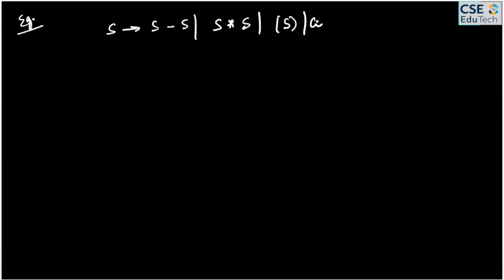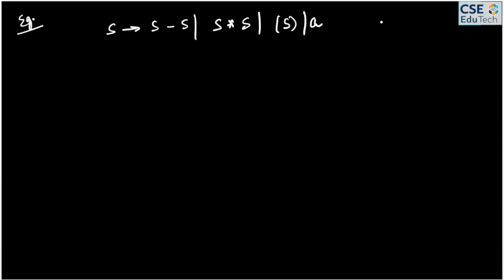Now we'll give an example. Suppose we are given the production rules of this form: E to E plus E, E multiplication E, and bracket of E, and a. These are the production rules of a context-free grammar. Clear?